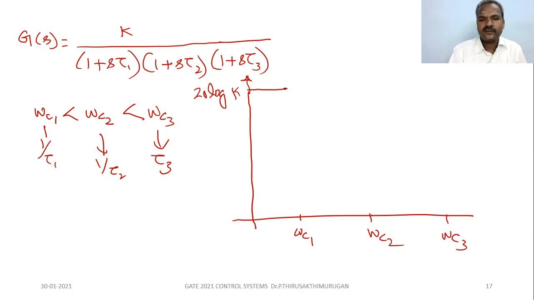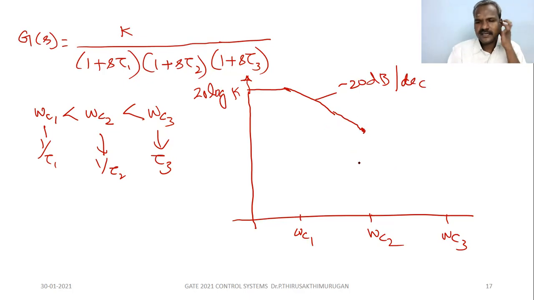So it comes down with minus 20 dB per decade up to this. Then from the next corner frequency, the slope change occurs to minus 40 dB per decade.